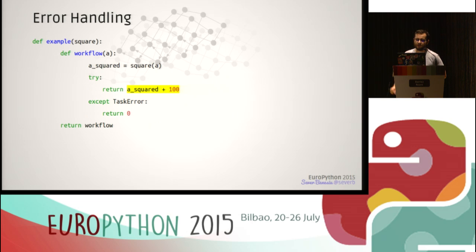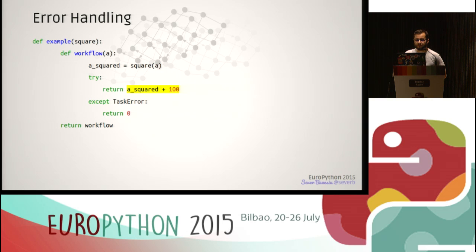So actually, this is the place where you have to write your try except clause. The reason for this is because only at this point can we force the evaluation of the result, and only at this point do we know for sure if the computation was successful or not.